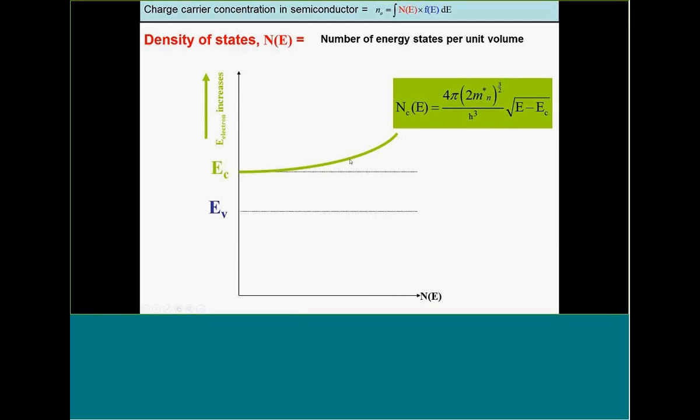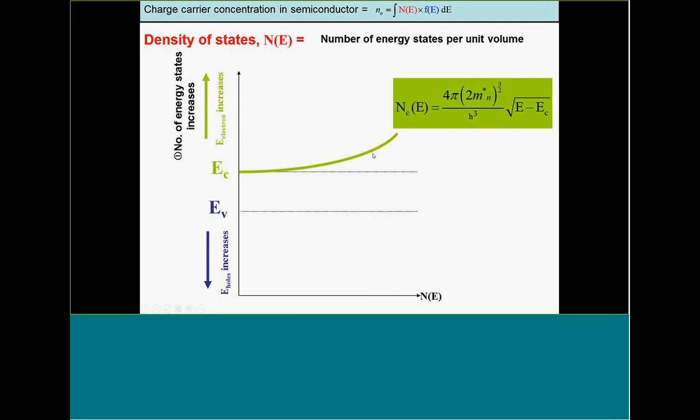If you look here, you can see that as the energy of the electron increases, the number of energy states also increases, isn't it?